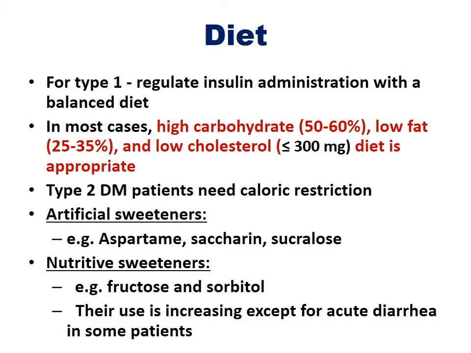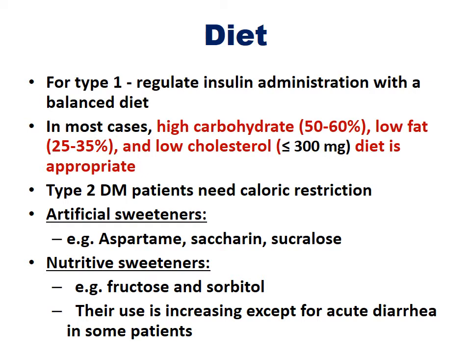First step in treatment of diabetes is diet control. For type 1, regulated insulin administration with a balanced diet. In most cases, a high carbohydrate diet of 50 to 60%, low fat about 25 to 35%, and low cholesterol less than 300 milligram is appropriate.